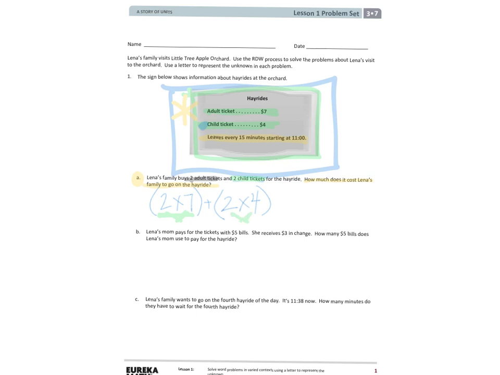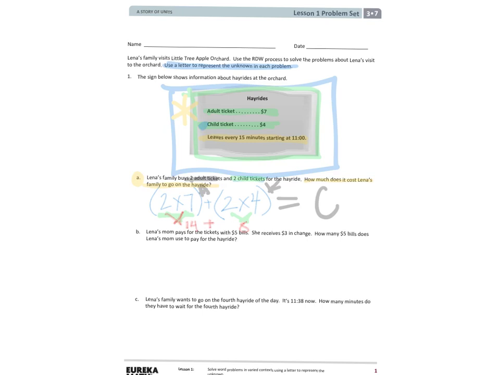So then I'm going to take 2 times 7 equals 14 plus 2 times 4 equals 8. I'm going to figure that all together. Oh, I did forget one thing. Back up here, it wants us to use a letter to represent the unknown in each problem. So I'm going to come down here, and I know my adults, I'm going to call that A for adults, and then I have my kids equals C. I want to know the whole cost.